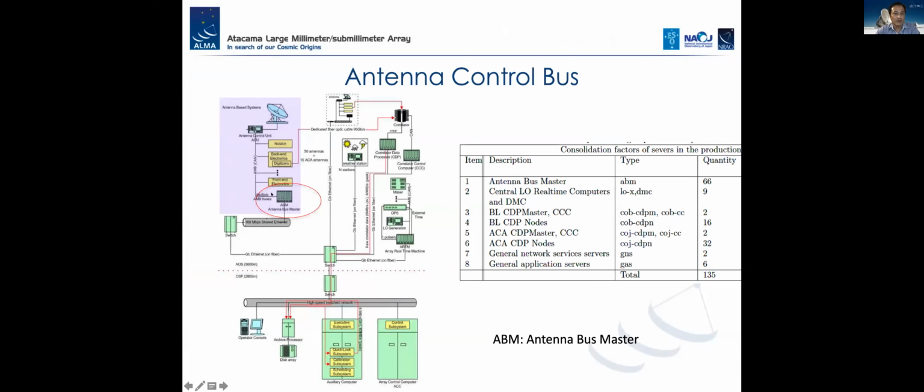This computer has to handle all the low-level control of the hardware devices, controlling the different subsystems, such as pointing of the antenna, digitizing of the signal, control of the receiver, digitalization, and data transmission. All this is coordinated with a centralized cluster, in coordination with all the array, the 66 antennas. Just for this real-time computer, we have 66, one for each antenna.